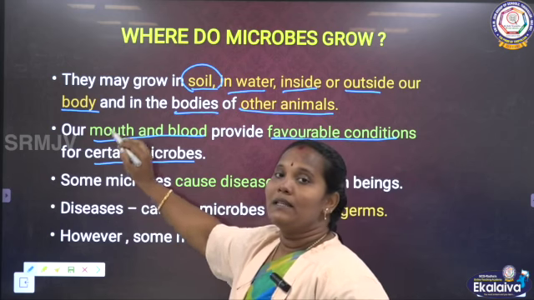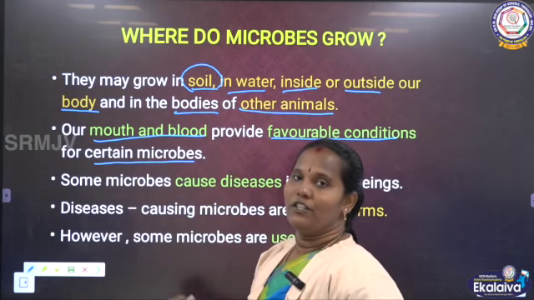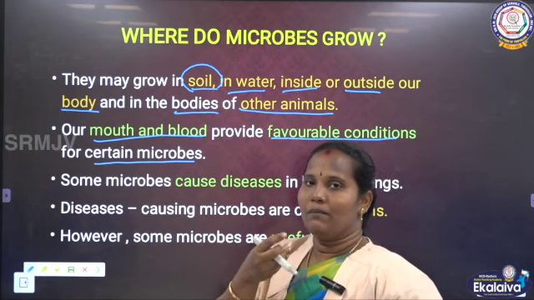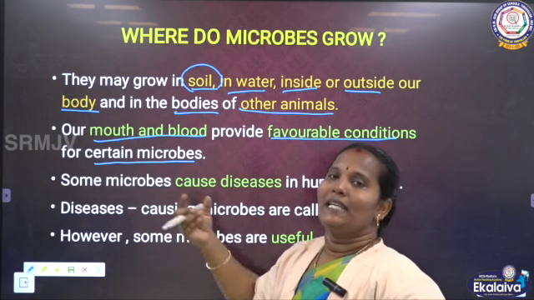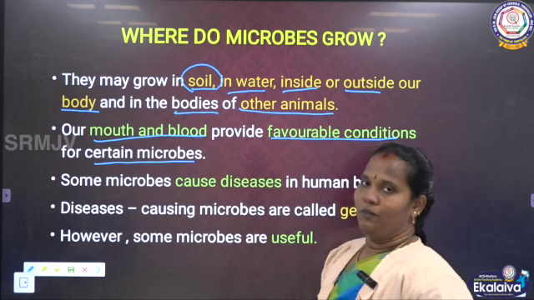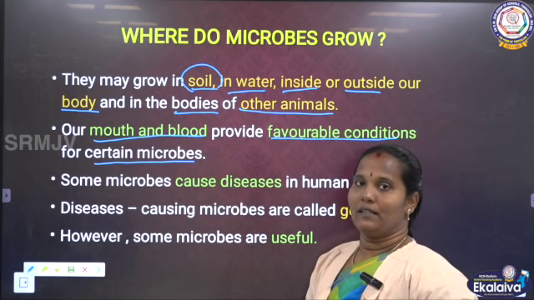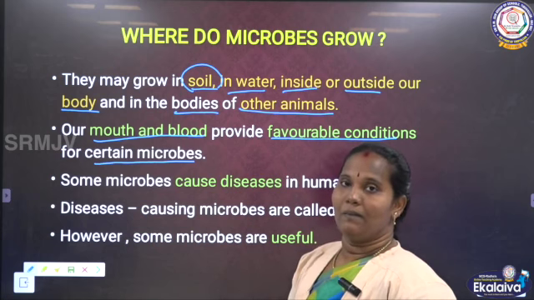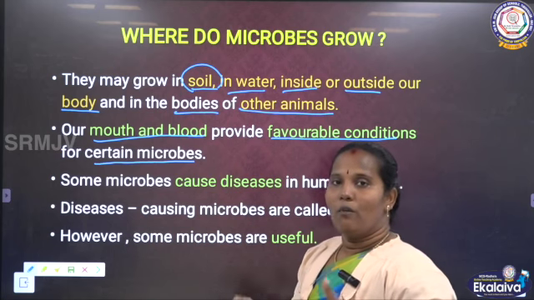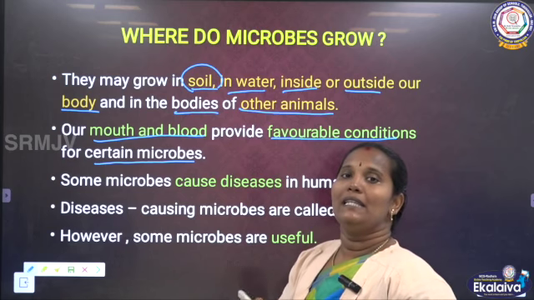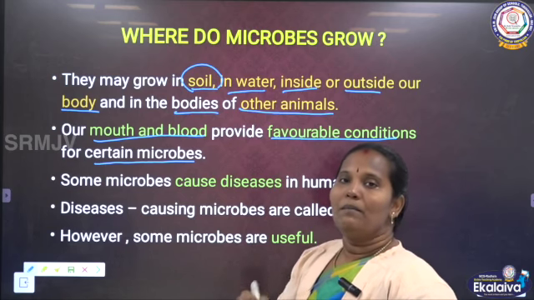Our mouth is giving the favorable condition because it is always moist and we have some temperature in our body, so they can easily grow in our mouth. Even in our blood some microbes can grow. This is the reason we are often affected by diseases like common cold, flu, polio, because microbes can grow easily in the blood. So through the blood microbes can spread easily.